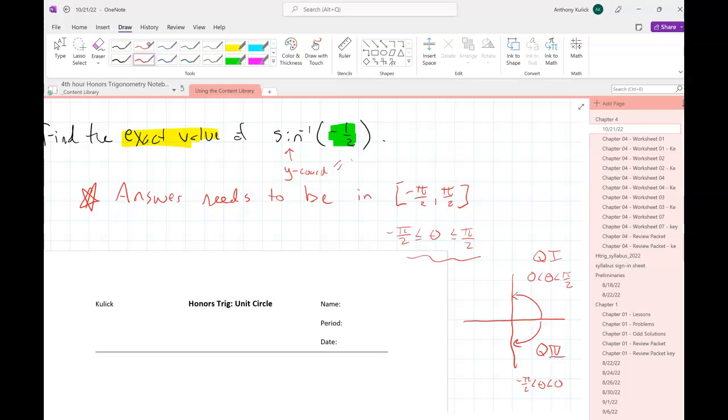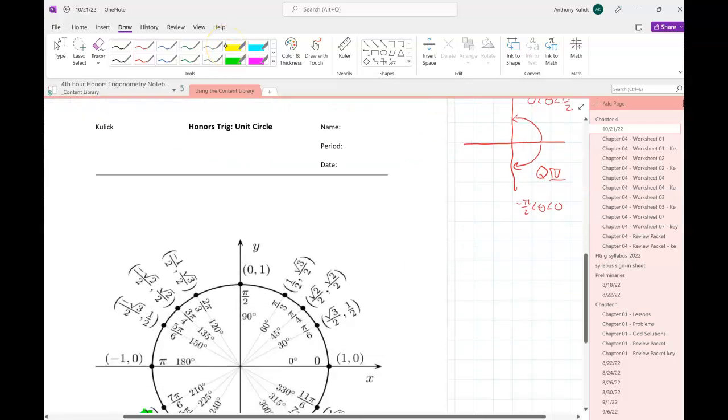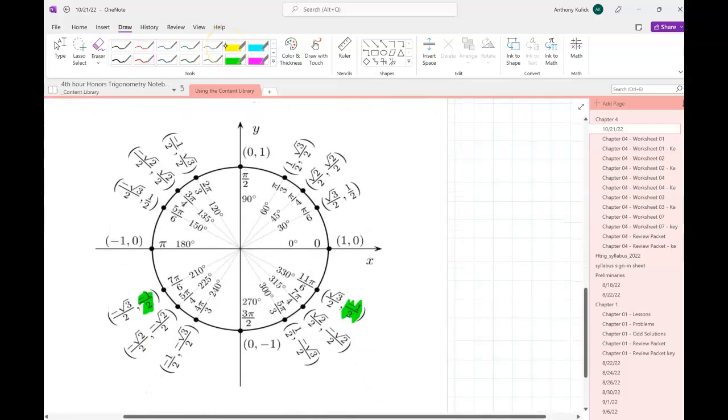Do you guys agree with that? Because that's when we draw a standard position angle. So my answer needs to be in quadrant 1 or in quadrant 4. Let's go look at our unit circle now. Which of those two answers lies in quadrant 1 or quadrant 4?